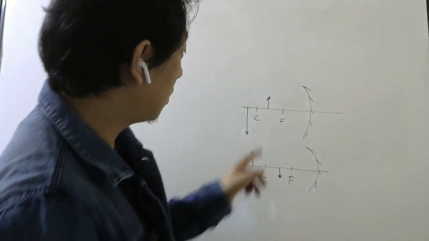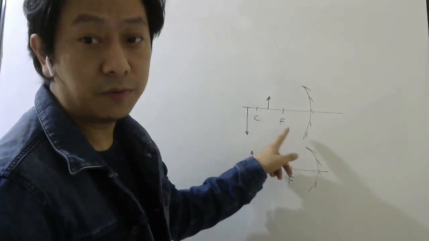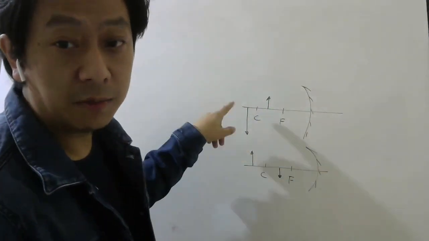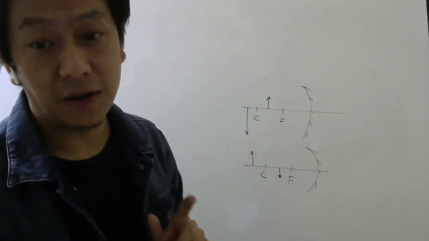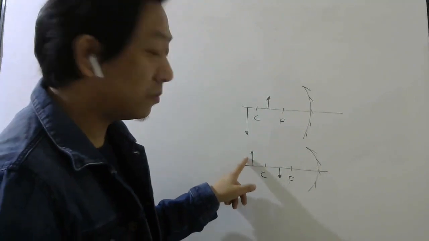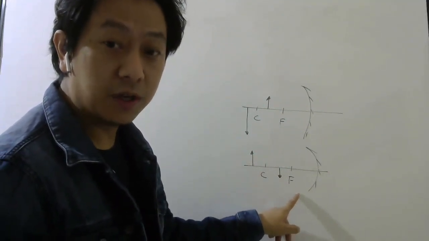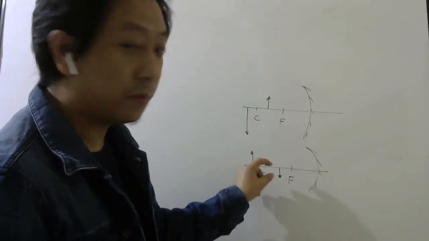So in question number 16, one thing you should understand is when an object is kept between focus and center of a concave mirror, the image is inverted and magnified. Similarly, if the object is kept beyond the center, image is between focus and center and it will be diminished.